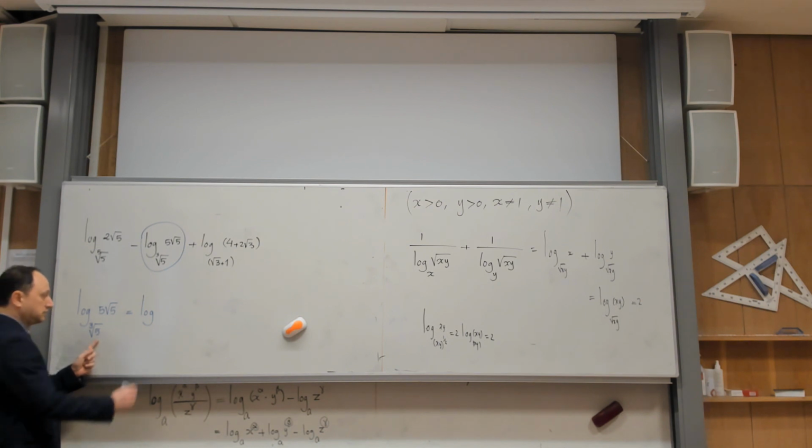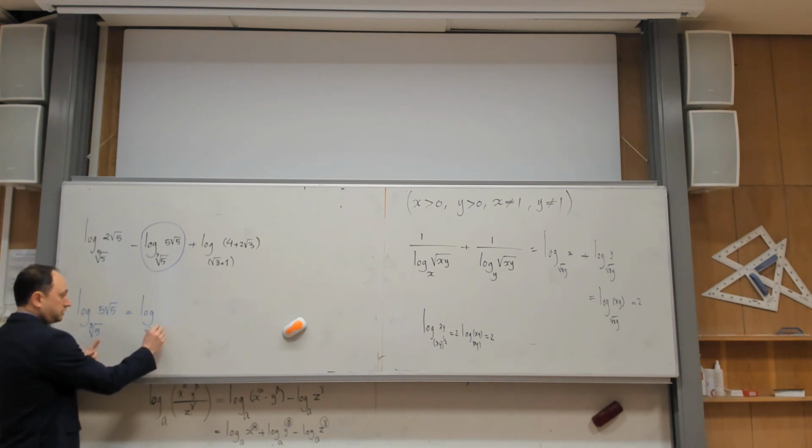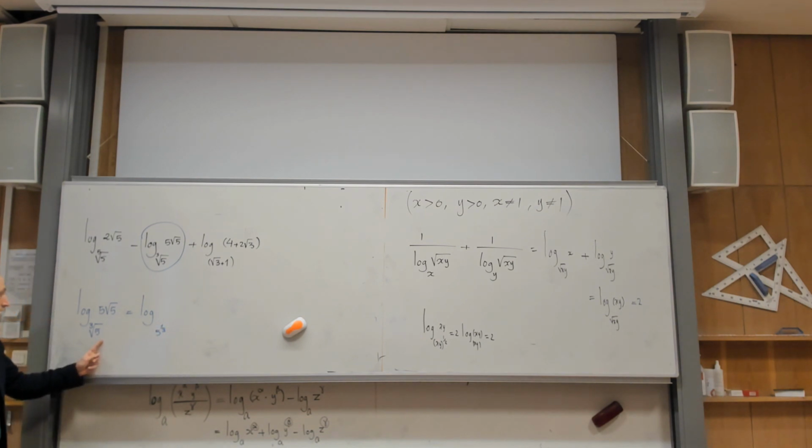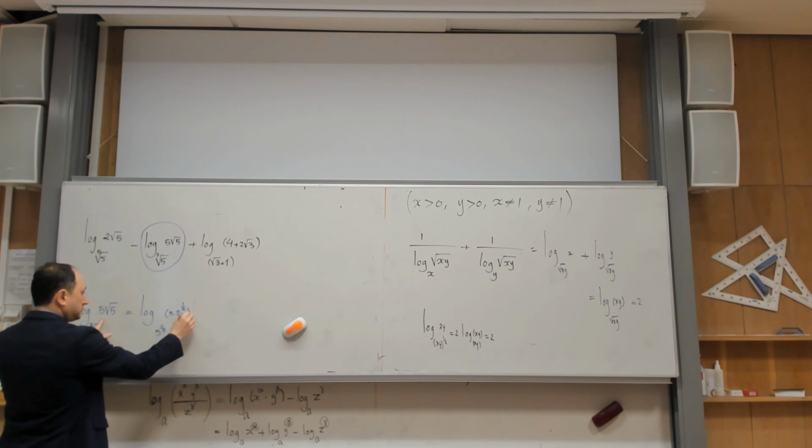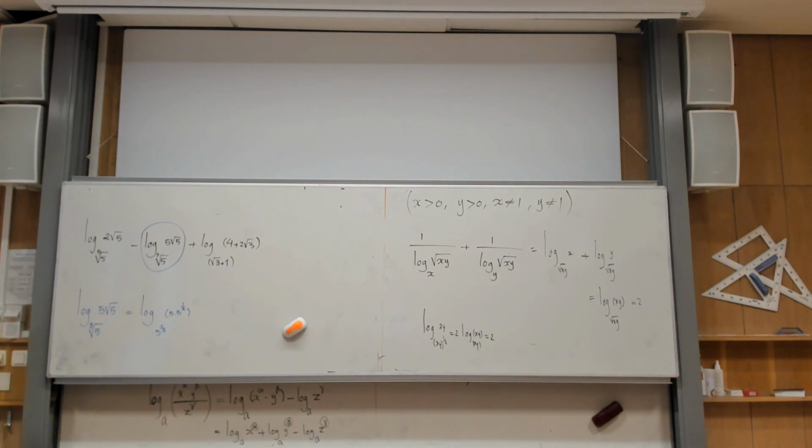What can I write? 5 to the power of 1. Yes, exactly. That's good. But what can I write for this one? It's 5 times 5 to the power of 1/2. Yes or no?